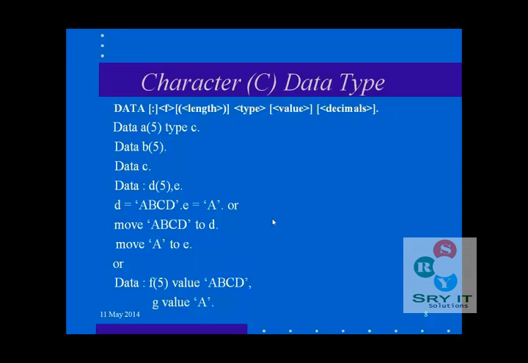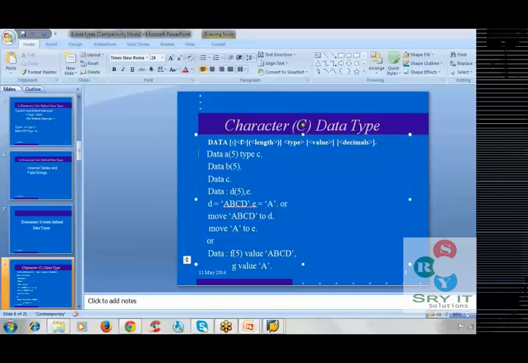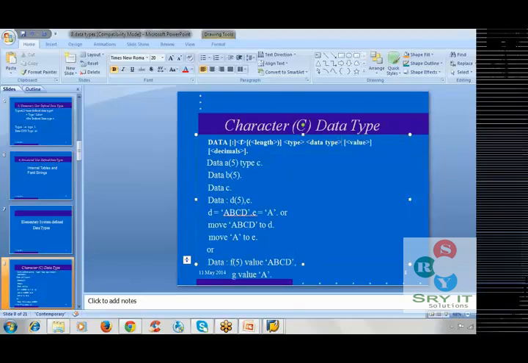The first one: DATA is a keyword. I am using the DATA keyword, and here I am not using a colon, and I am using F. F is nothing but a field or data object name, and 5 is the size because it's a character. TYPE C. TYPE is a keyword, and C is the data type. Here in syntax you need to mention the data type also. For C only it is optional, but the rest of the things are mandatory.